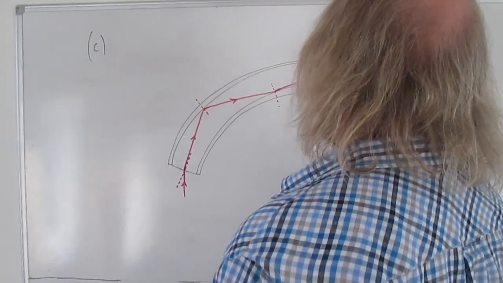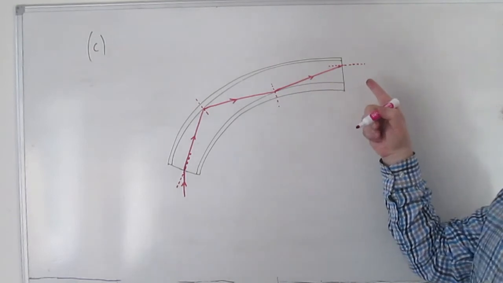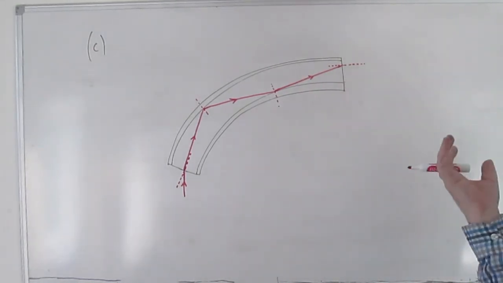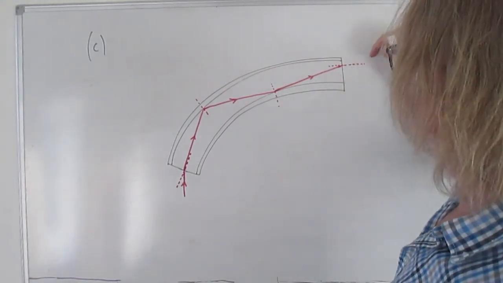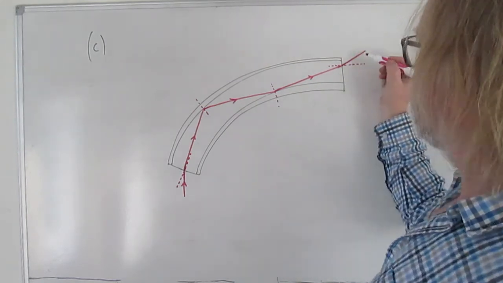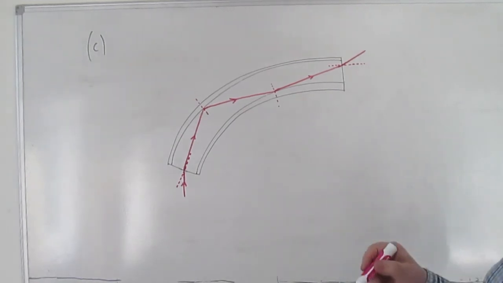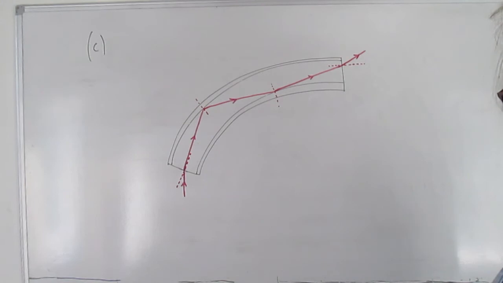So again, if we draw the normal on there, because this time it's passing into a medium of lower refractive index, which is back into the air, then the refracted ray is going to be further away from the normal. So you're going to have that kind of bending. So it's the opposite of what went on there. And so that's the emergent ray coming out at the end there.